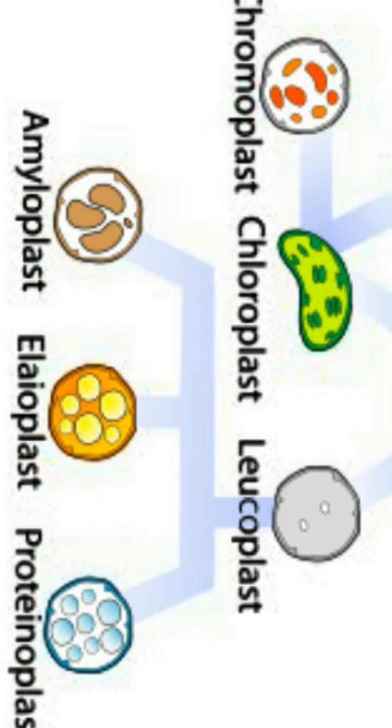The second category, elaioplasts, store oils and fats, and can be seen in plants like groundnut and sunflower. Next, aleuroplasts or proteinoplasts store proteins. These plastids can be seen easily in plants like beans and grams, that is, pulses. So these are the leucoplasts.